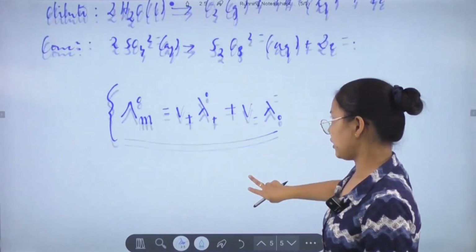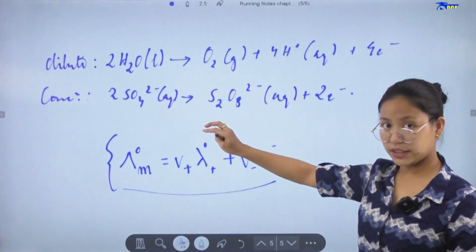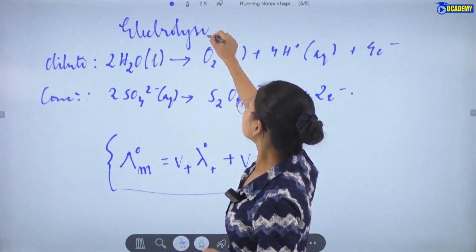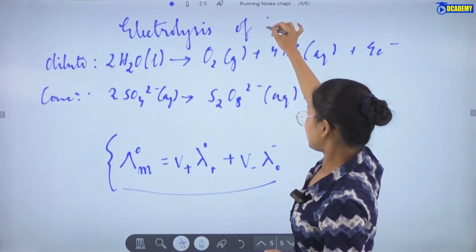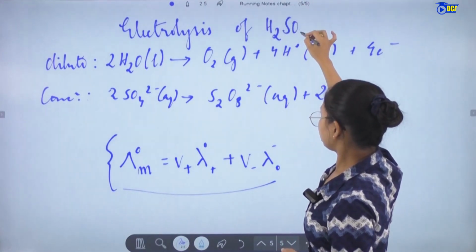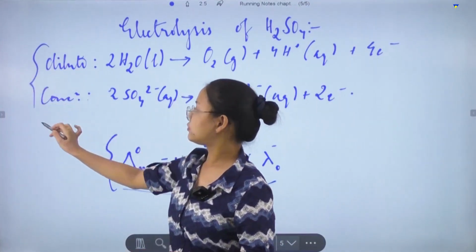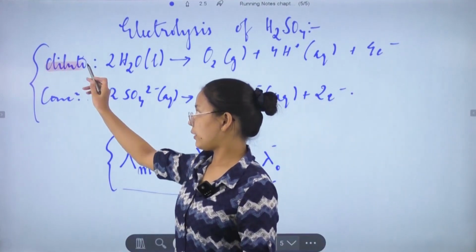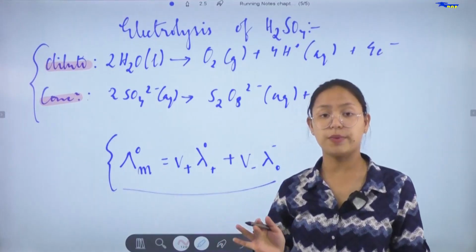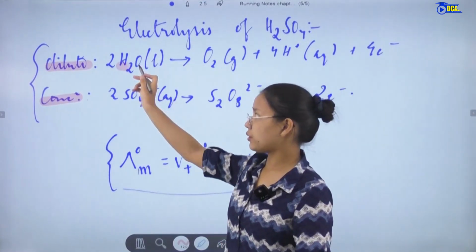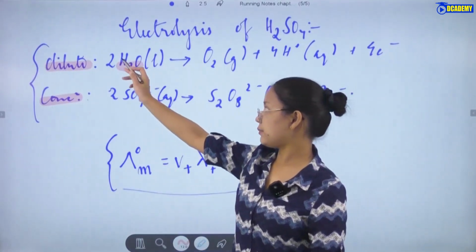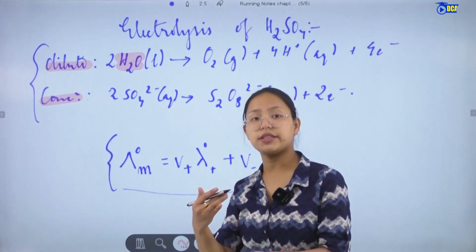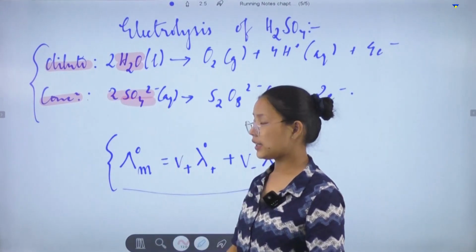Then the reaction we study is electrolysis of sulfuric acid. It can be dilute or concentrated. If dilute, it will be mainly water based, aqueous. If concentrated, it is the sulfate ion.